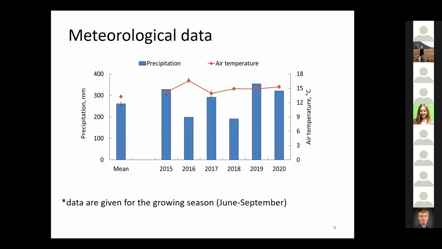We have data from 2012, and here is presented 2015. But today, I just wanted to talk about the last season, 2020, which was different from the mean values. The precipitation was around 20% higher, and the temperature too during the summer season.